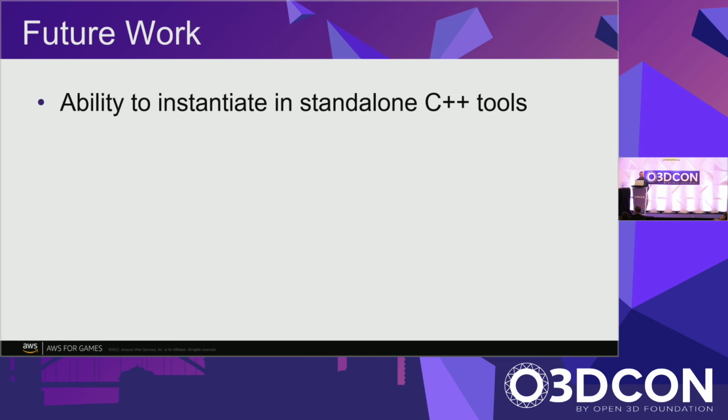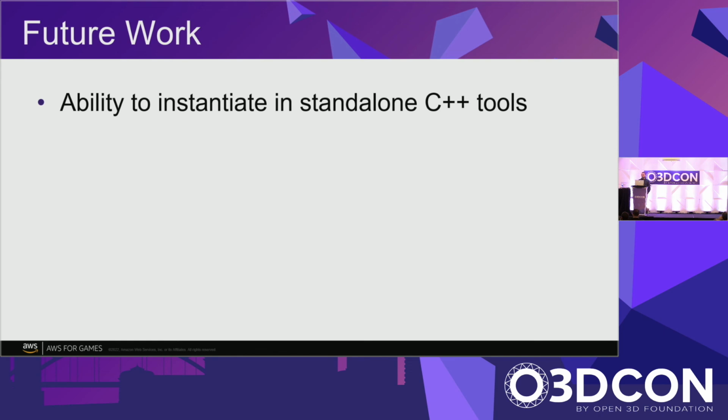Future work. So this system right now wants to be accessible from pretty much all possible places. So the intent would be to also make it instantiatable from standalone C++ tools. So, for example, the material editor would be enabled to just instantiate this and have the same functionality again.